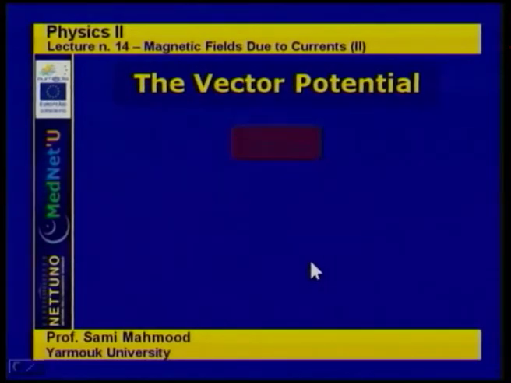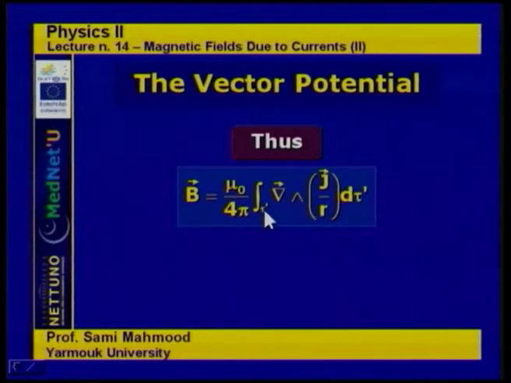Now, substituting this result in the magnetic induction, B is equal to mu naught over 4 pi times the integral over the source of the current, grad cross J over R, integrated over the source volume. And again, recalling that this grad operator contains coordinates that are different than the source of the current, we can take it outside the integral.